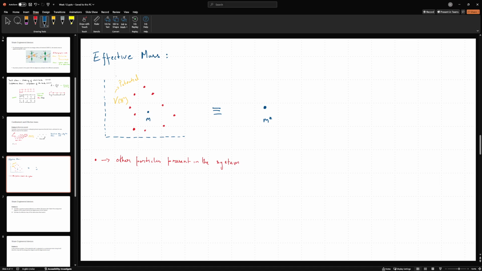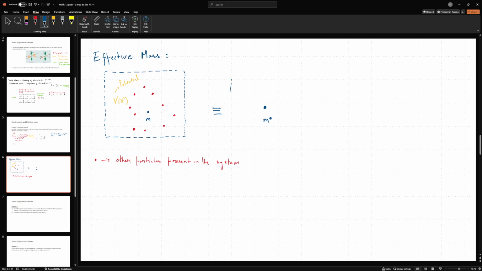I will not explain why that is the case, but anybody who has some experience in statistical physics or statistical mechanics will know that if I have an infinite system, I cannot properly define effective masses.